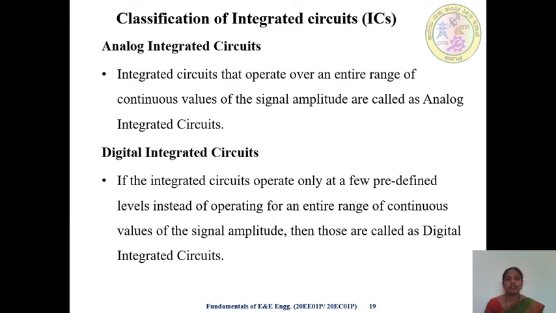Digital integrated circuits: if the integrated circuits operate only at a few predefined levels instead of operating over an entire range of continuous values of the signal amplitude, then those are called digital integrated circuits.